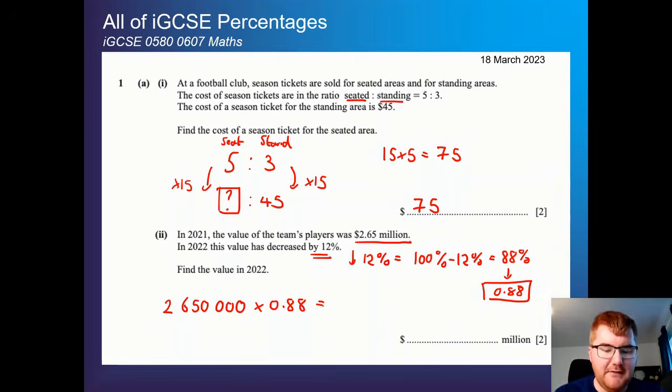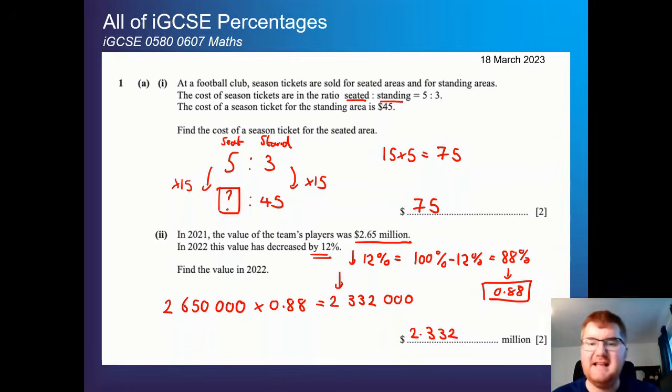So we pop it into our calculator, and this will then give us the answer of 2.332 million. Again, if you actually work this out in long form, it will look like this, but it wants it in millions. So you need to make sure you put the decimal point in here too.